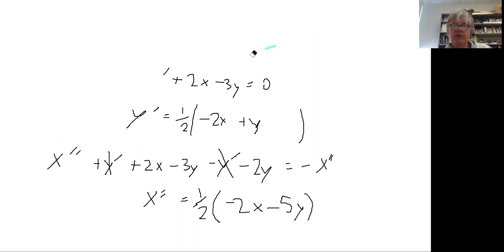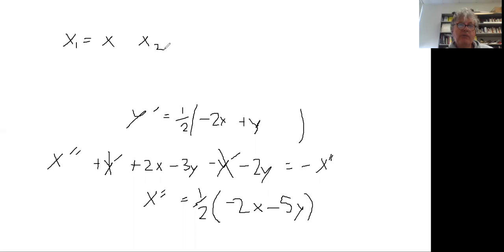And so our solution then is, we let x1 equal x, x2 equal x prime, x3 equal y. And this shows you that it's three-dimensional.